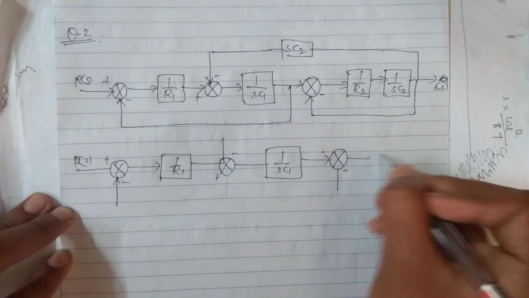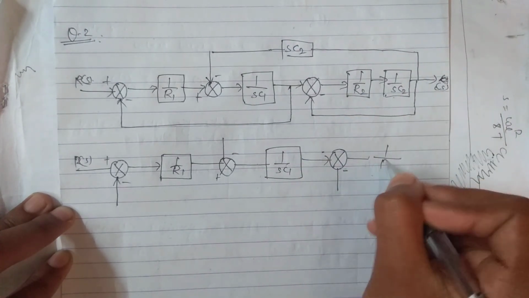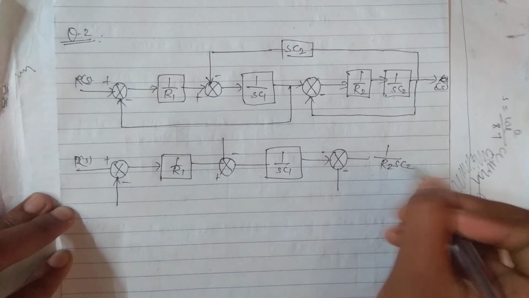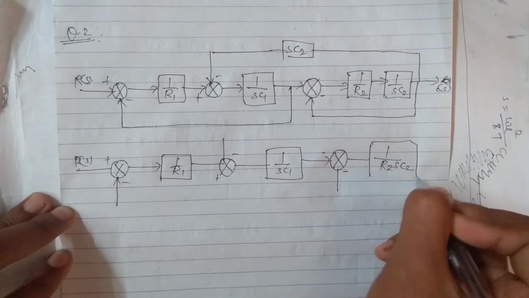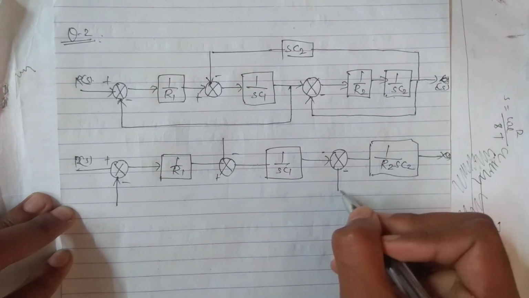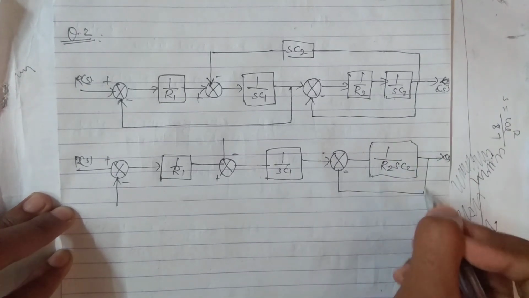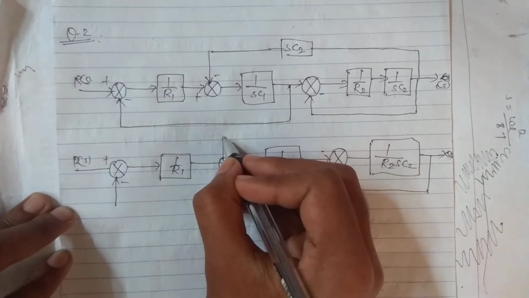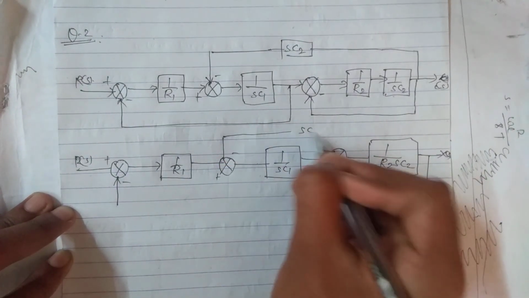After multiplying, you can write 1 by R2 SC2, and here we have CS. SC2 is here.